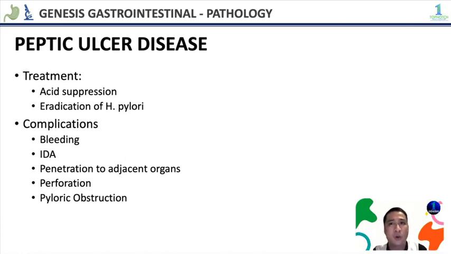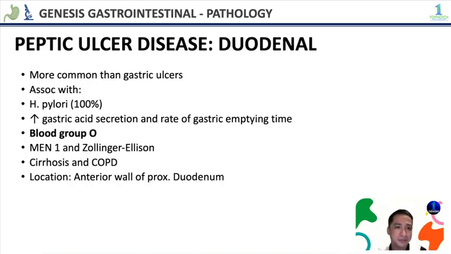Another one, ectopic gastric mucosa, if you can recall in pathology, or with Meckel's diverticulum, GERD. Yes, you're correct, esophageal ectopic gastric mucosa are also associated with peptic ulcer diseases. So remember, the duodenal type is the most common, more than the gastric ulcer.